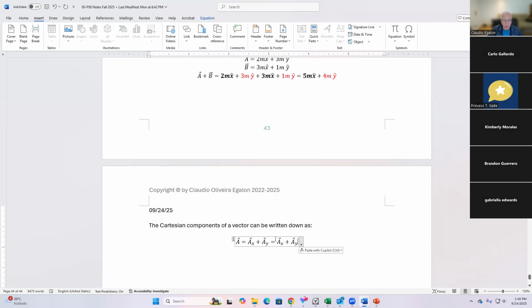And this vector that has x and y components can be written as its scalar component times the unit vector along the x direction, plus the scalar component of the vector in the y direction times y hat.